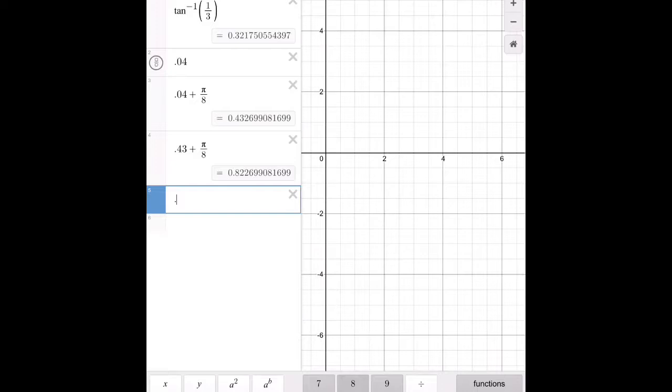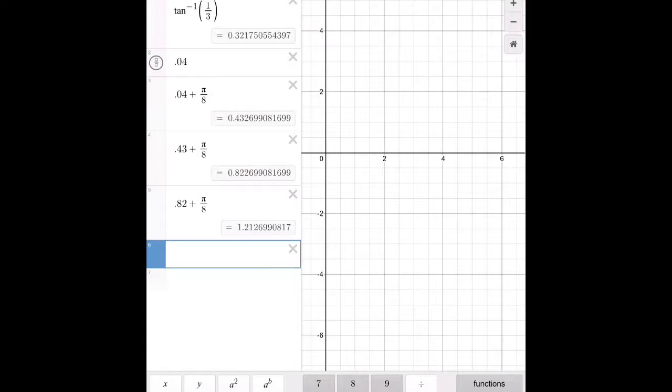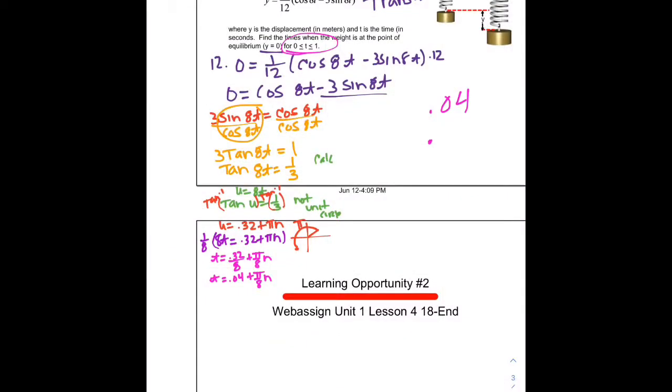And if I take 0.82 and I add pi divided by 8, I get 1.21, and I've exceeded. So my solutions in terms of times that we would hit equilibrium between 0 and 1 second would be at 0.04 seconds, and then we would have 0.43 seconds, and then at approximately 0.82 seconds.